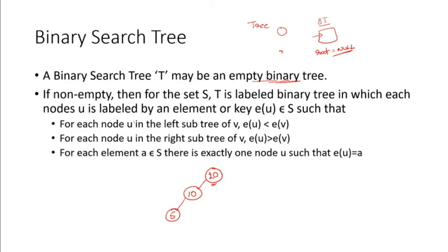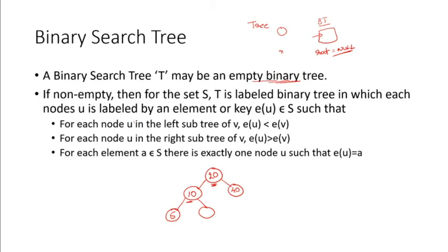In the same way, if you take the right subtree, all the values in the right subtree will be greater than this particular node. So if I take 20 here, I can take 40. Even if you take this node, to the right of it you will have a value which is greater than 10, but you have a constraint: it should be less than 20.